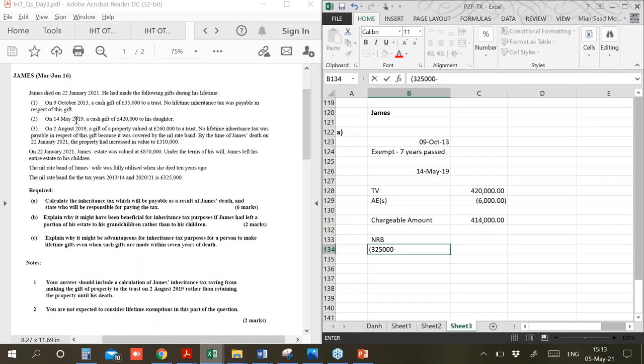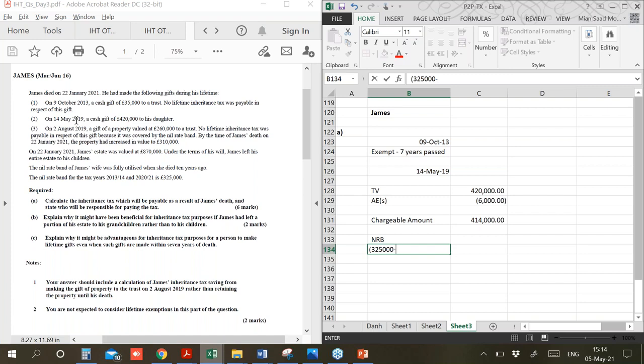Check whether there is any transfer within 7 years of that transfer, not of death. You do not have to look back from the death as far as the 7 years are concerned, because only if we are calculating nil rate band for the death estate do we look back 7 years from death. If we are calculating nil rate band for any lifetime transfer, we always look back from the date of transfer, not the date of death.